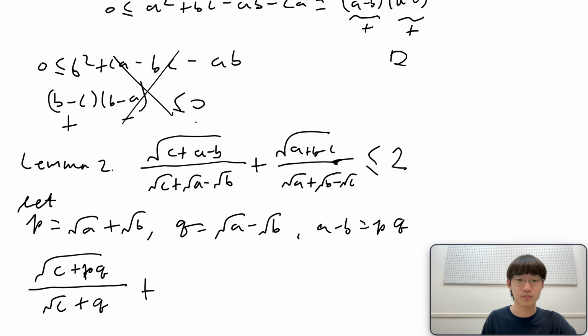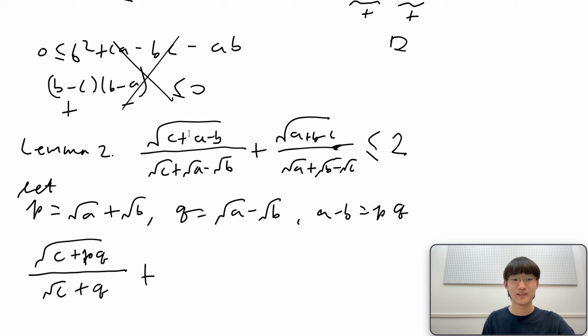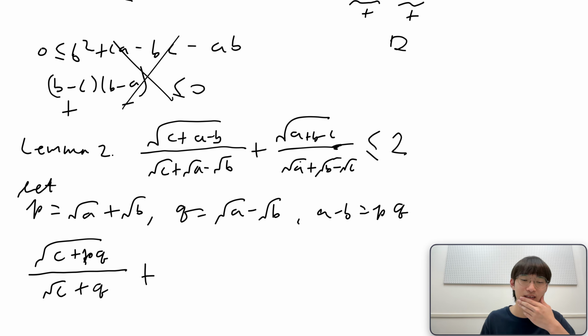Oh, is it not A and B? Oh no, it is right, I think. Oh, B minus C. What? I'm sorry. Where did I make the mistake?